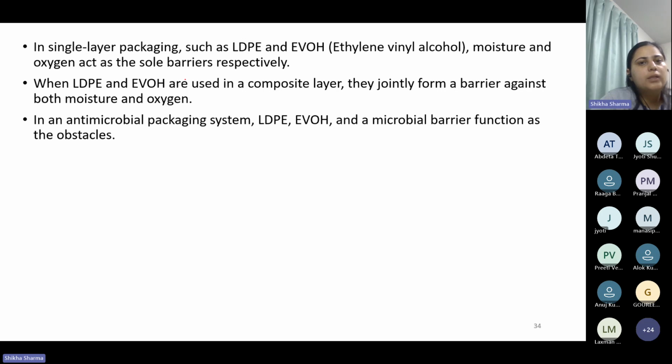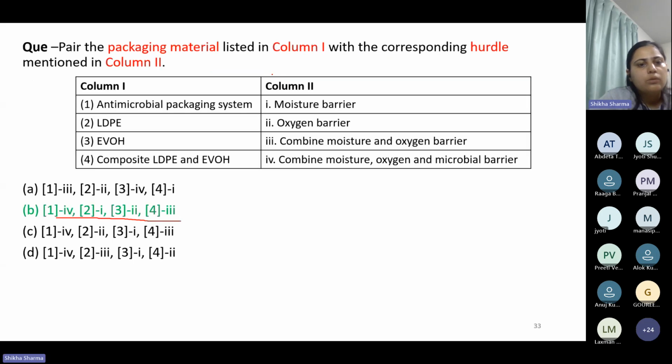in single layer packaging, such as LDPE and ethylene vinyl alcohol, moisture and oxygen act as the sole barrier respectively. So LDPE provides a barrier against moisture, and EVOH provides a barrier against oxygen.